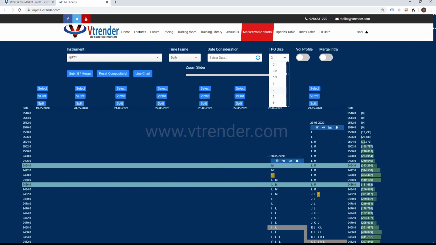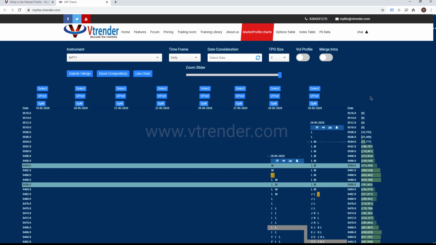There is a TPO size setting which you need to set to make sure you are picking up the right information from these charts. The TPO size is nothing but the time price opportunity. The best way to go about it is to arrive at a formula where we give a TPO size of 1 for every 10,000 price of the instrument.